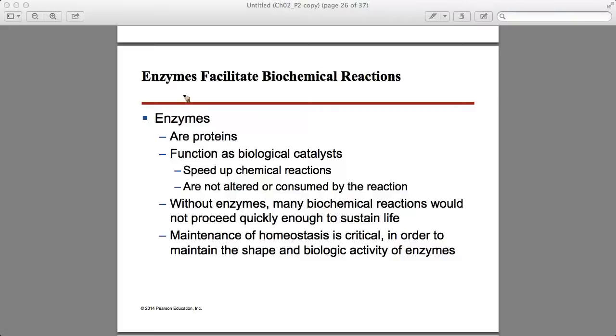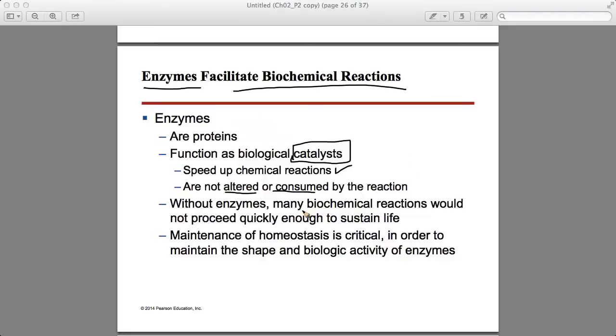An important class of proteins in your body are known as enzymes. And enzymes are proteins that are involved in bringing about biochemical reactions. And they are basically acting as catalysts. So they speed up the rate of reactions and themselves are not part of the reaction. They're not altered or consumed or modified in any way. They're just there to speed up the chemical reactions. They interact chemically in various ways, but that's what they do.